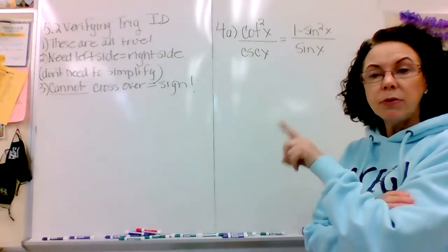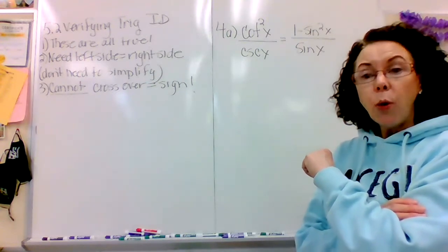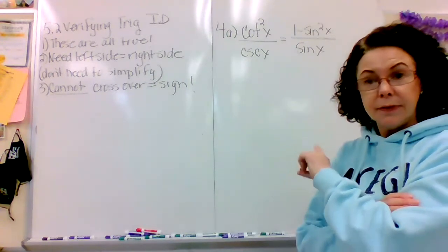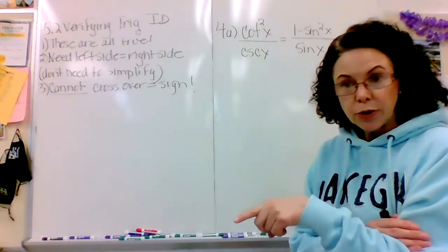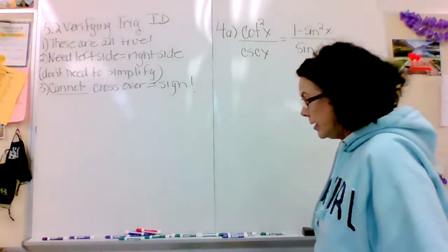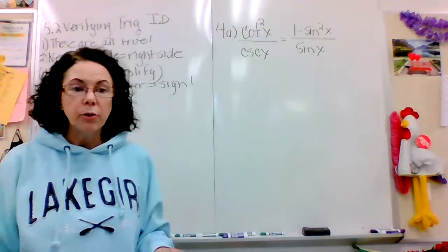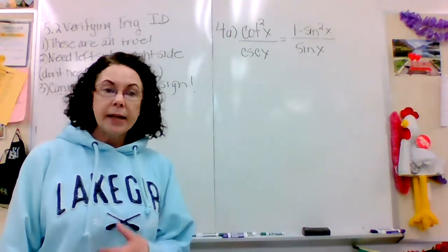If you multiply both sides by sine, that is a property of equalities of equations that are true that you are using while you are trying to prove it's true. So I cannot multiply both sides by sine, assuming both sides are equal to each other when I'm trying to prove that they are.